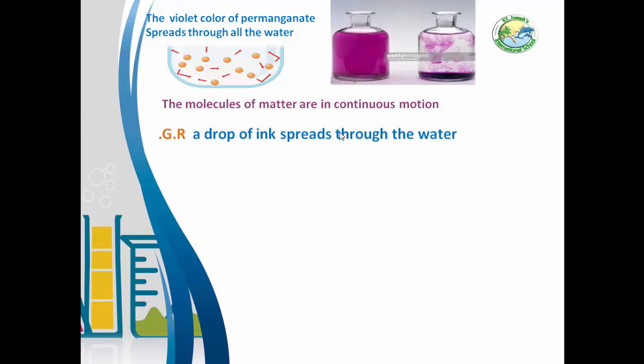So the first property of molecules is that molecules of matter are in continuous motion. The molecules of solid matter have oscillatory or vibrational motion, while the motion of liquid is limited because there are spaces between them. In the solid state, there are no spaces between the molecules, so their motion is oscillatory, or vibrational.